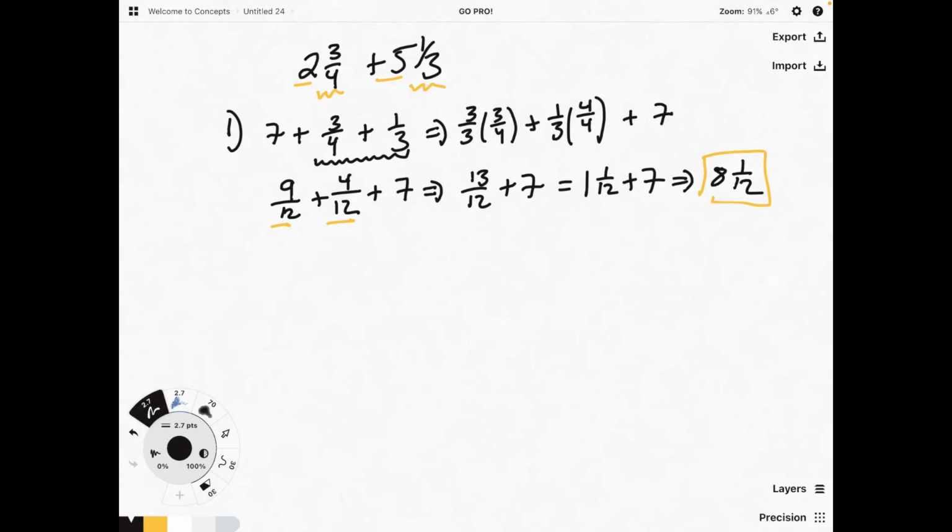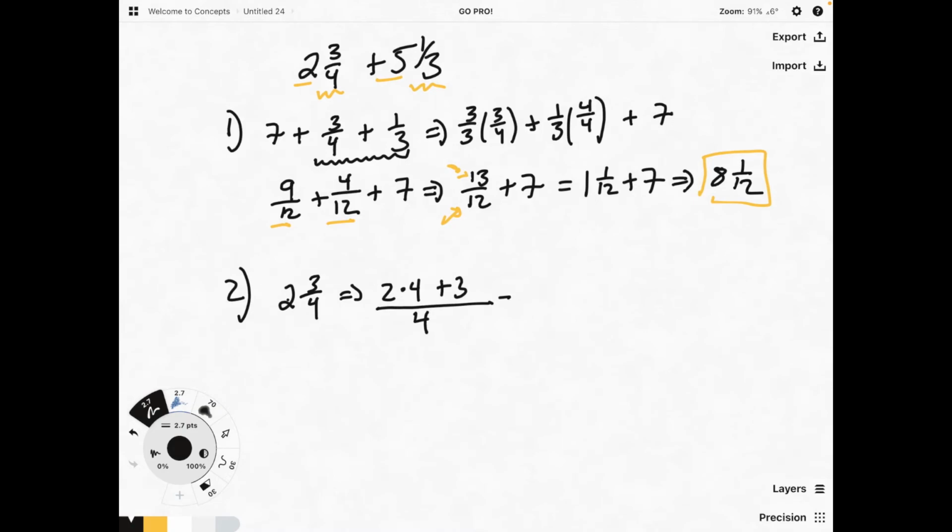Looking at a second way to do it, rather than working with the whole number out in front like we did with the 2 plus 5, you can change these fractions into improper fractions. If we have 2 3 over 4, all you need to do is take 2 times 4, and then you add 3, and then you divide it by the denominator.